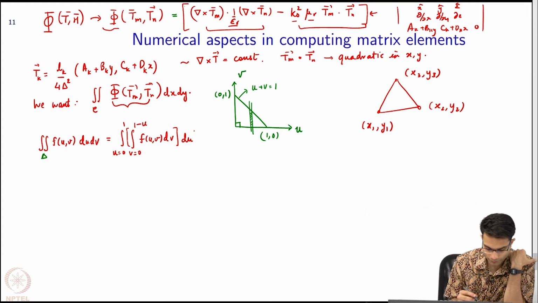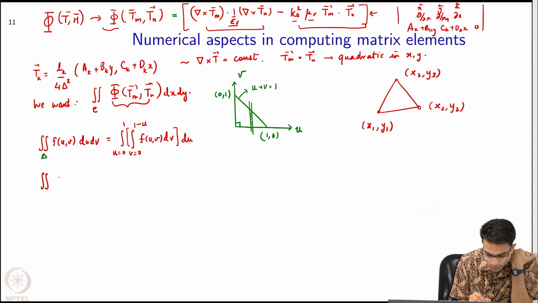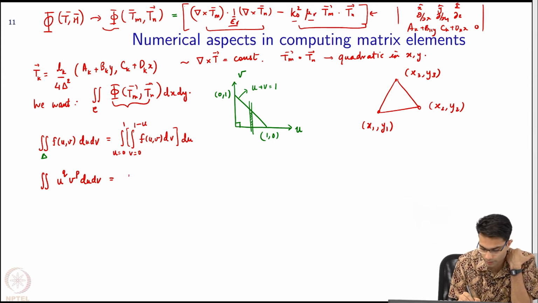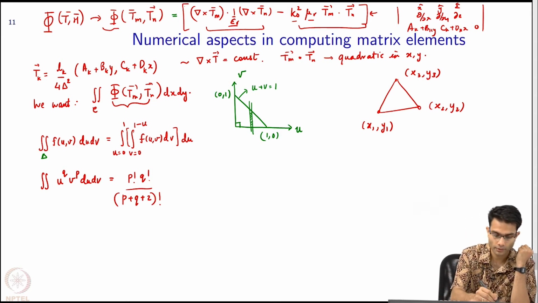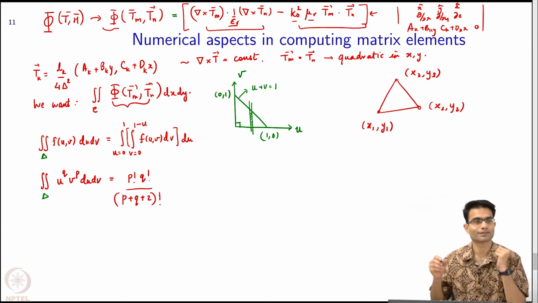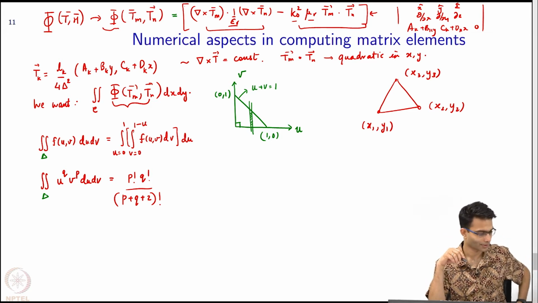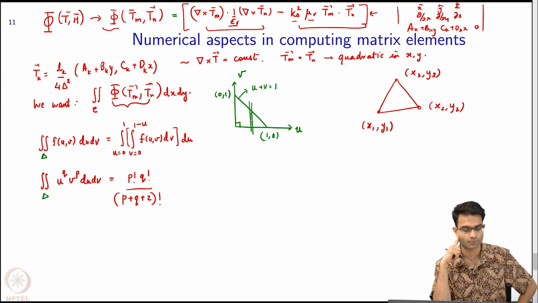Okay. So, in fact, it turns out that if I have the most general expression like this, u to the power q, v to the power p, du dv over this green triangle, it turns out to be a very nice expression. Surprising that it turns out to be so simple. So, you can check, for example, if I put p is equal to 0 is equal to q.